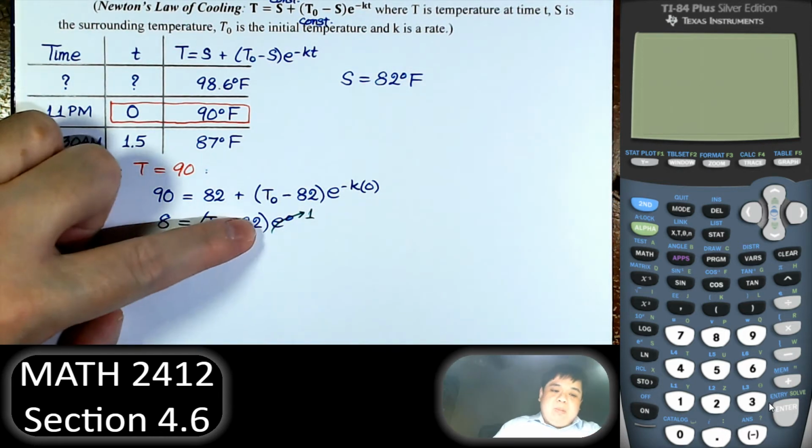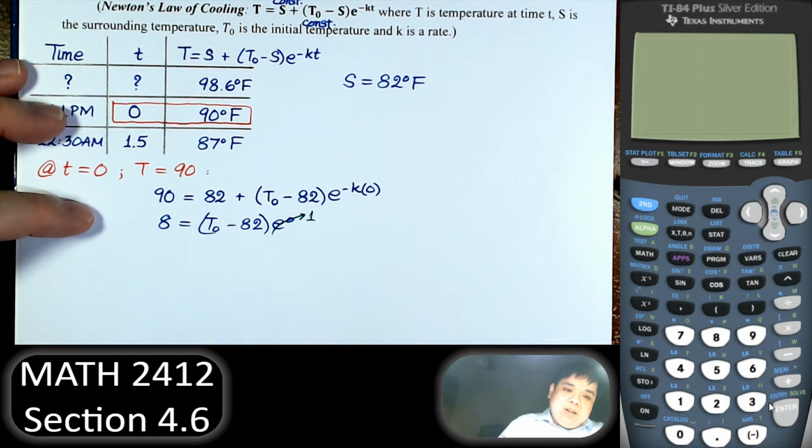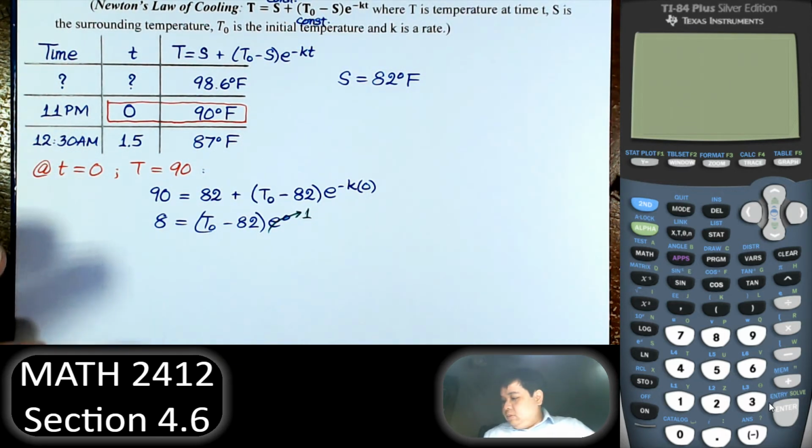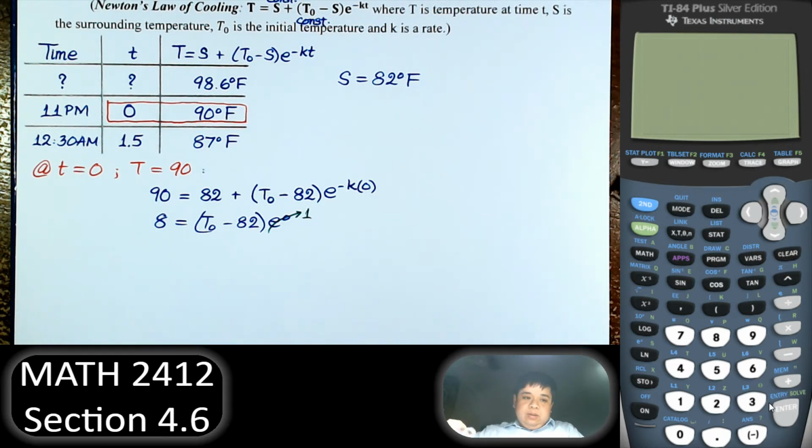So we have T naught minus 82 is equal to 8.